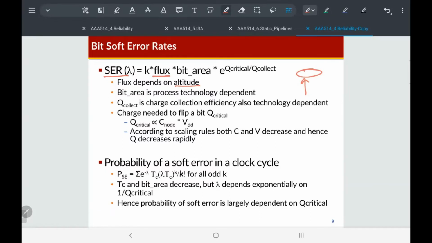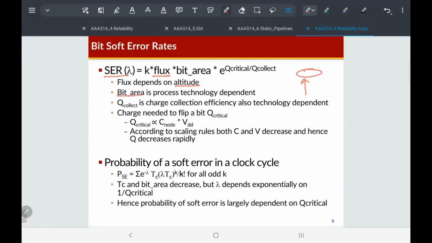It's interesting. If we bring our devices to very high mountains, they will be more influenced by radiation from space, and it will cause more soft errors.